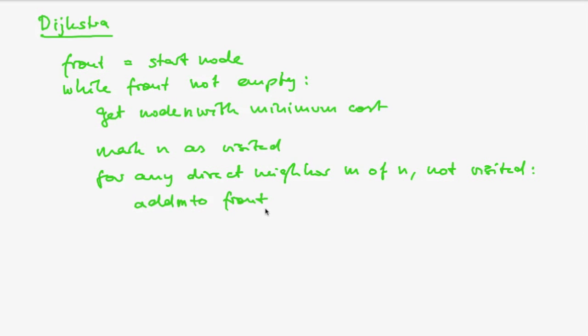Meaning that if I added it to front already with a higher cost, and later I determine there's a different path to the node m with a lower cost, then I add it again to my front, and I think that doesn't do any harm, because when I scan later through front, looking for the node with minimum cost, I will pick the element with a lower cost first.